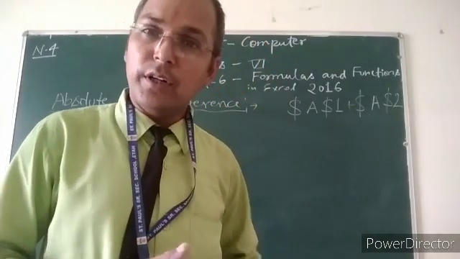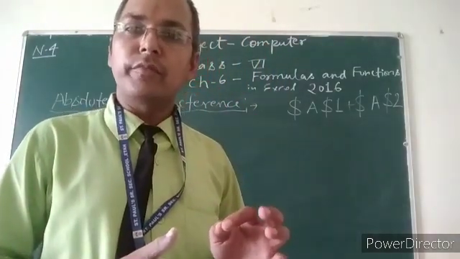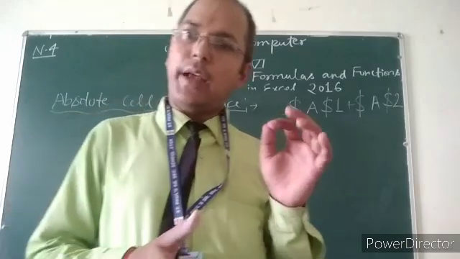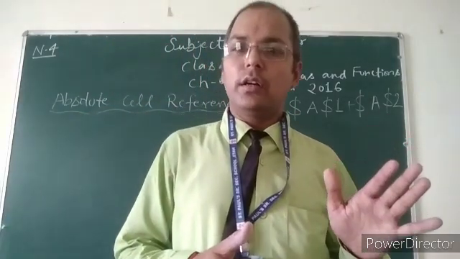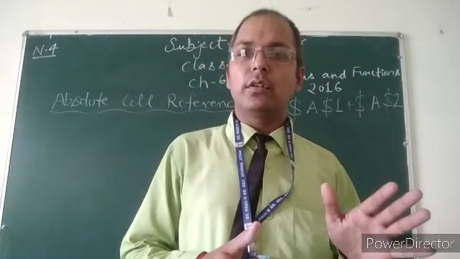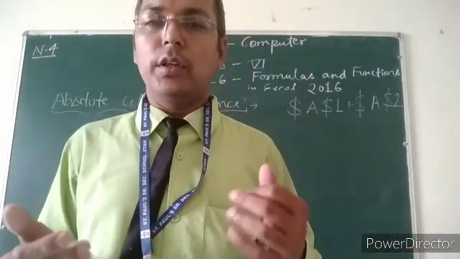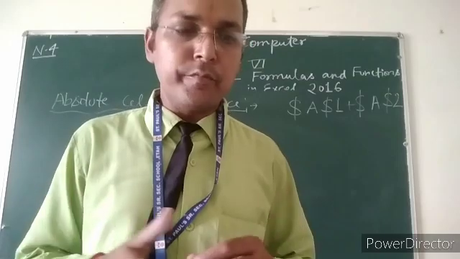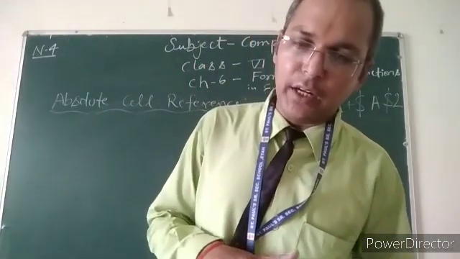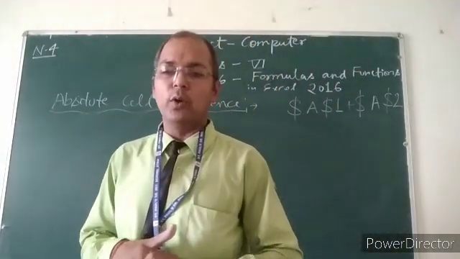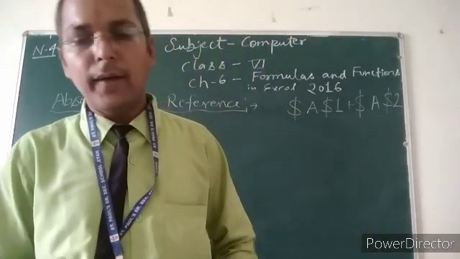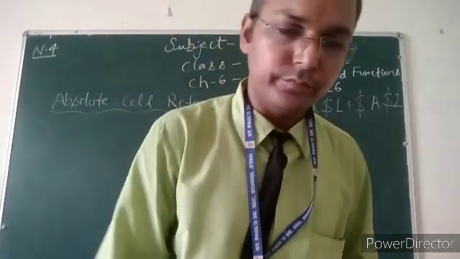My dear students, one piece of advice to all of you: whenever you watch a video on any subject, keep your book with you. This book provides you too much help. Now drag the autofill handle to calculate the discounted value of the rest of the items in the other cells.